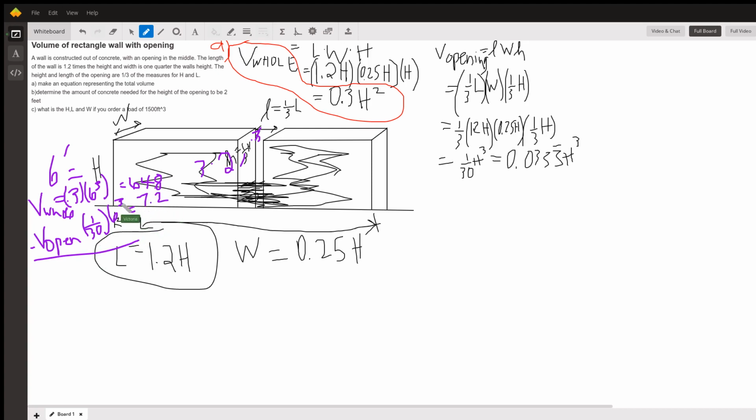Then we subtract those and find that the amount of concrete needed for the height of the opening to be 2 feet is 64.8 minus 7.2, which is 57.6 cubic feet. And the units are important. So this is the answer to B.